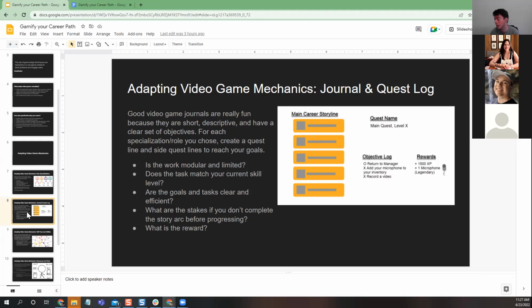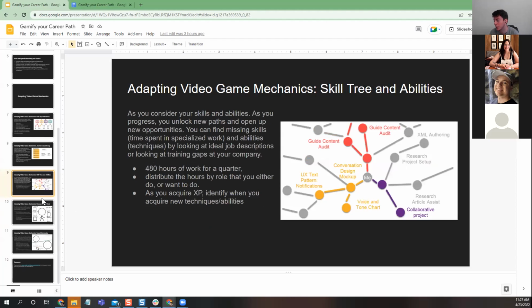Another important thing about writing this quest log, making it a little more video game oriented, is making sure that work is modular and limited, but also comes with rewards, to empower yourself and give yourself a better tool. Like in a video game, you're not going to have a tool that distracts you. It's something that makes your current task easier.